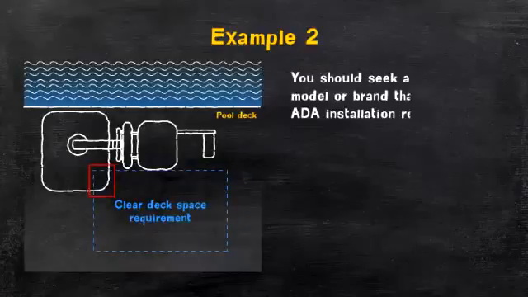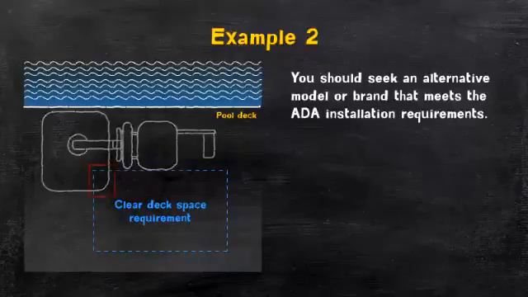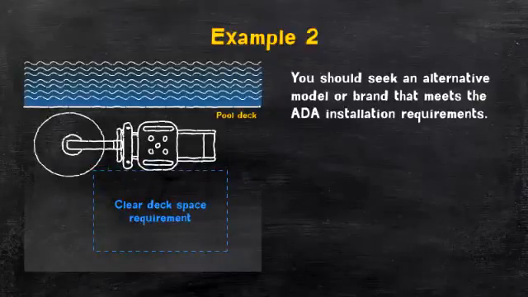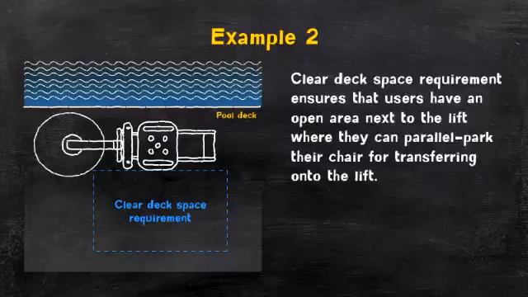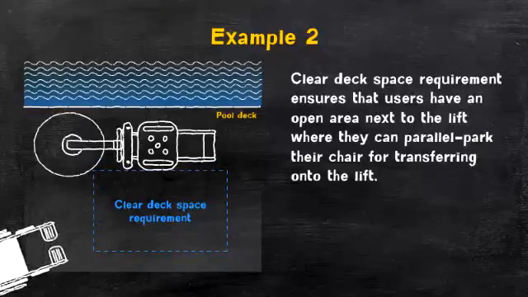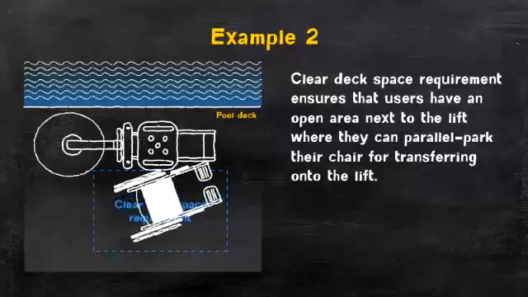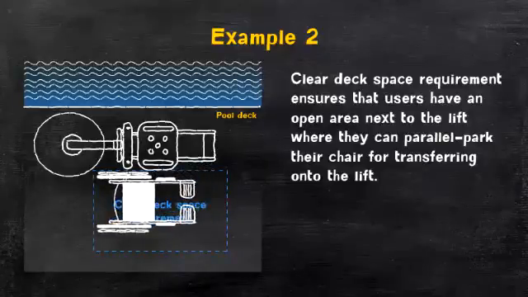In this particular instance, you should seek an alternative model or brand that meets the ADA installation requirements. The clear deck space requirement is designed to provide an area of unobstructed space starting at the back corner of the seat opposite the pool. This requirement is in place to ensure that the users have an open area next to the lift where they can parallel park their chair when transferring onto the lift.